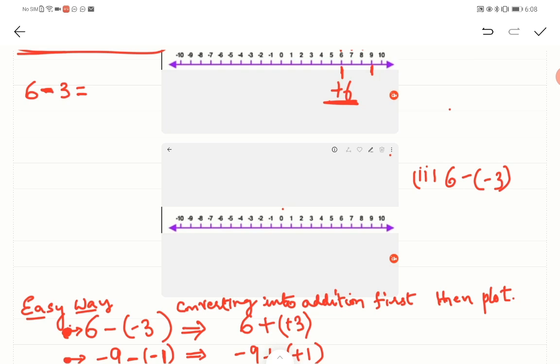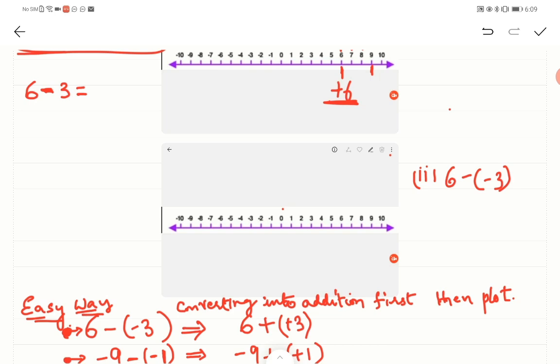How are you going to do that? The easy way is to convert this into addition and then plot, so that you will not get confused and all the rules will remain the same.